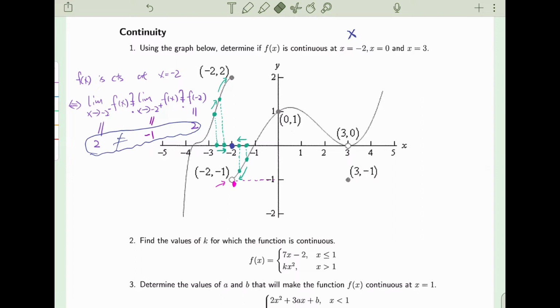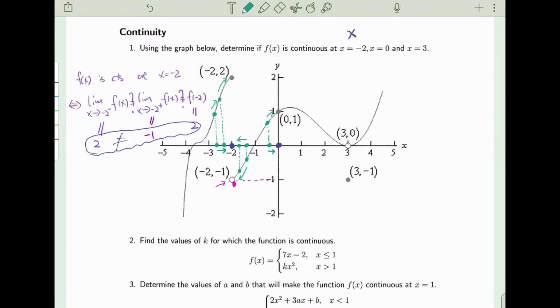And now let's move on to the next place, that is x equal to 0. We're going to do the same trick. Find the point x equal to 0 on the x-axis, and then choose a point from the left. Then look up to your graph, find the corresponding point, and drag this point along the x-axis. So the green point on the curve is going to move accordingly.